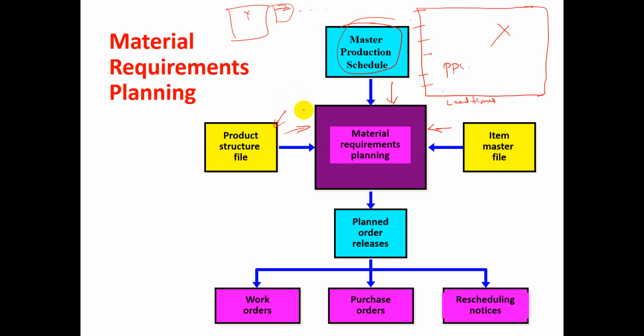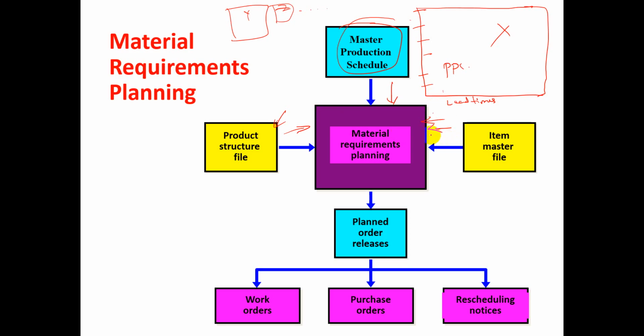Then the product structure file is also very important for any MRP planning. And the item master file is also important, as I told briefly in the previous session or slides. You can also see about this in my previous video.